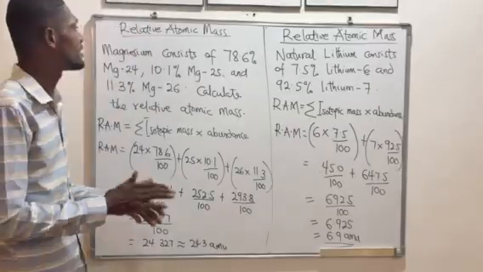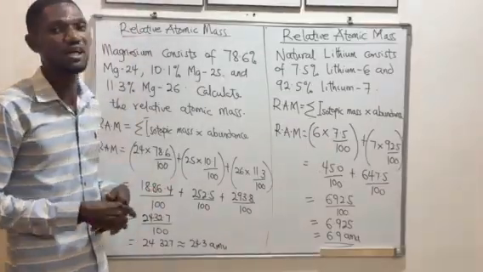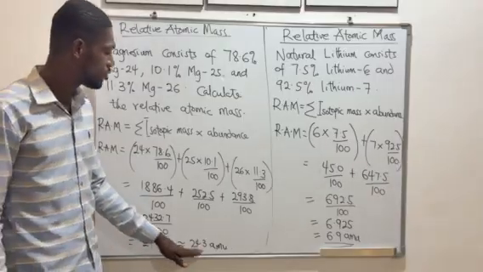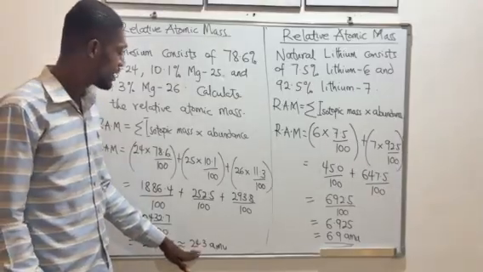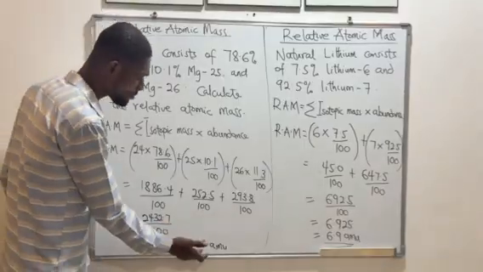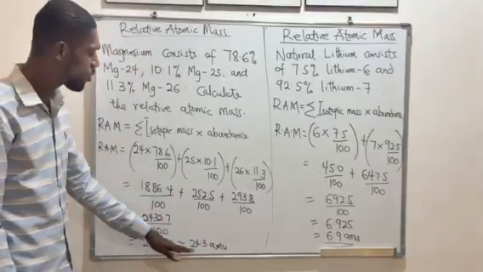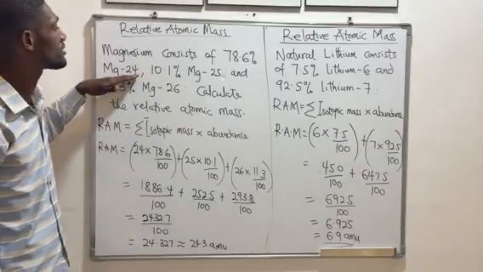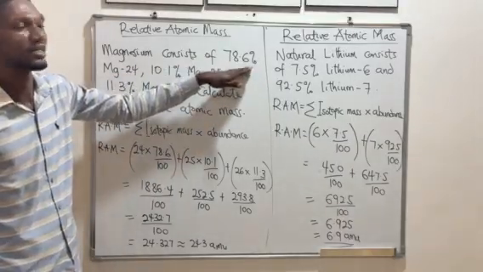And this is how to find the relative atomic mass of any given element. Now, looking at the answer, you'd realize that the relative atomic mass of the element is more closely related to the isotope with the largest abundance.